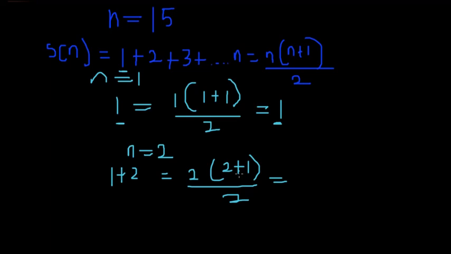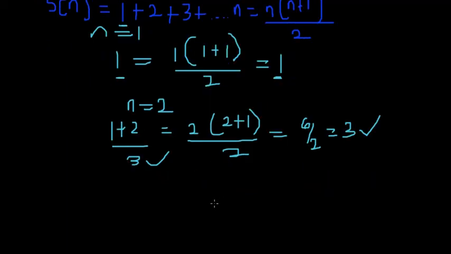So this will give us 3 times 2, which is 6, and 6 over 2 is equal to 3. And then we know that 1 plus 2 is also equal to 3. So it means that the right hand side and the left hand side are equal. It means we have proven the principle of mathematical induction.